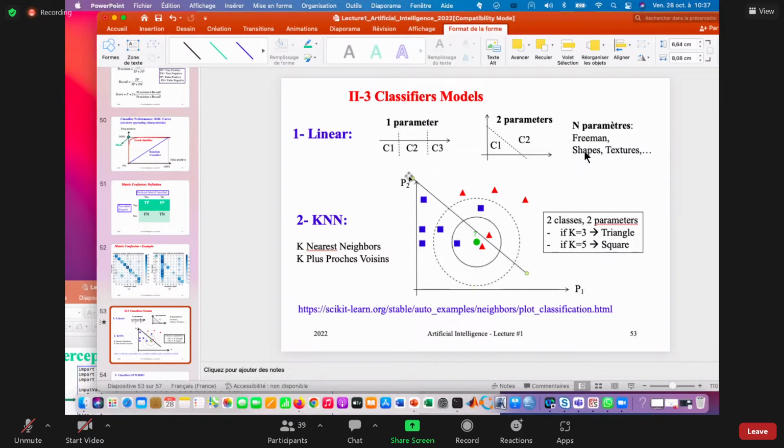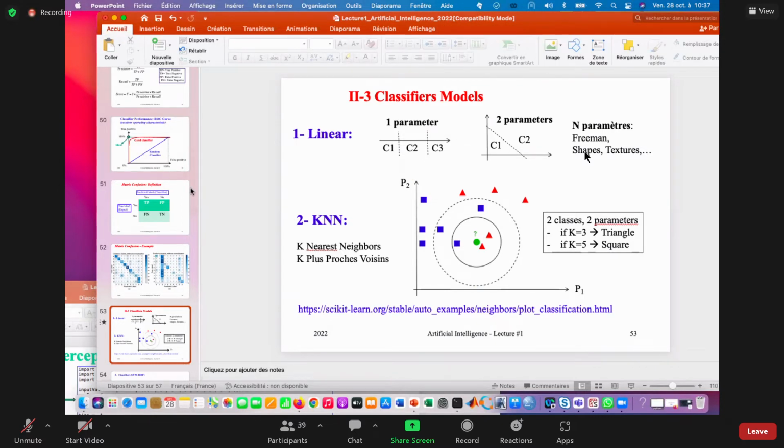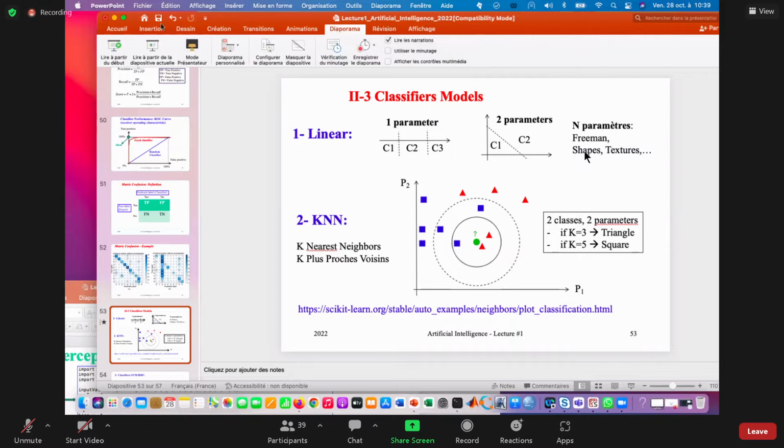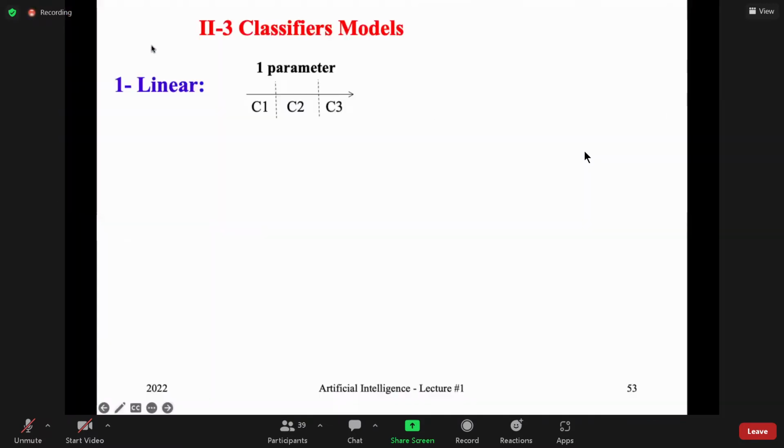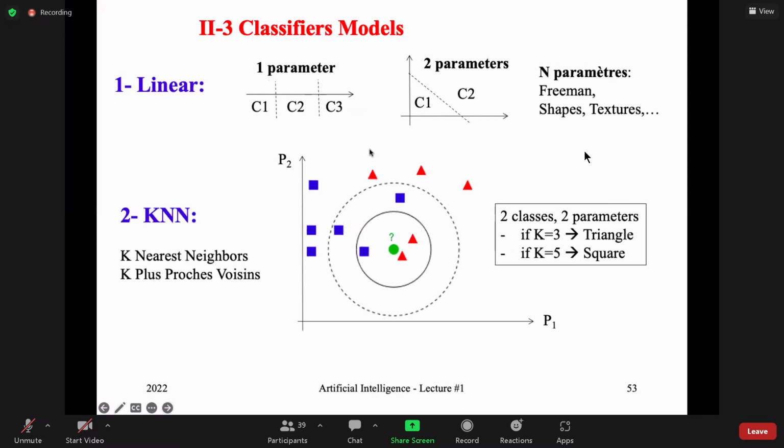So the solution here is to use the k nearest neighbors algorithm.